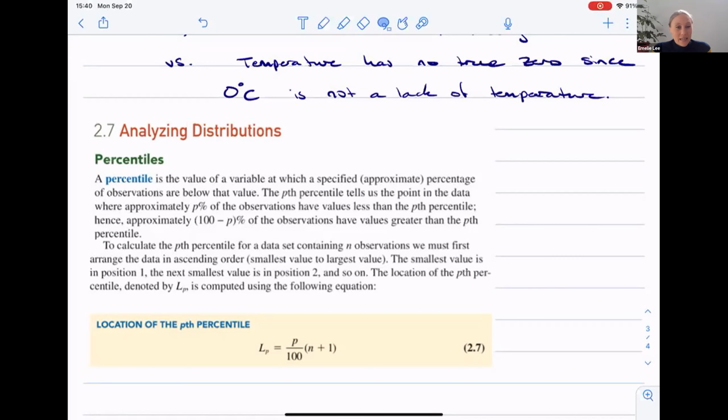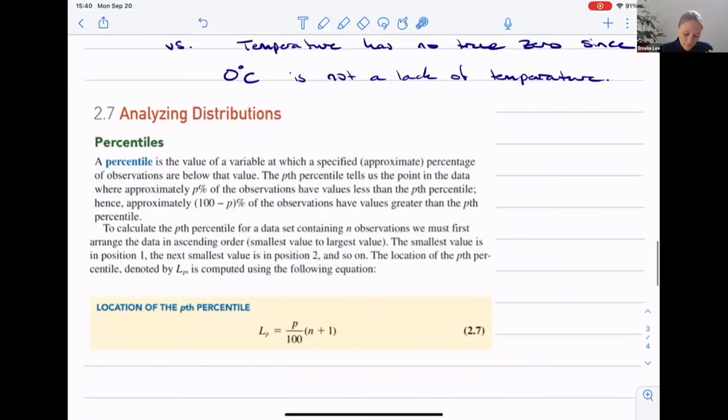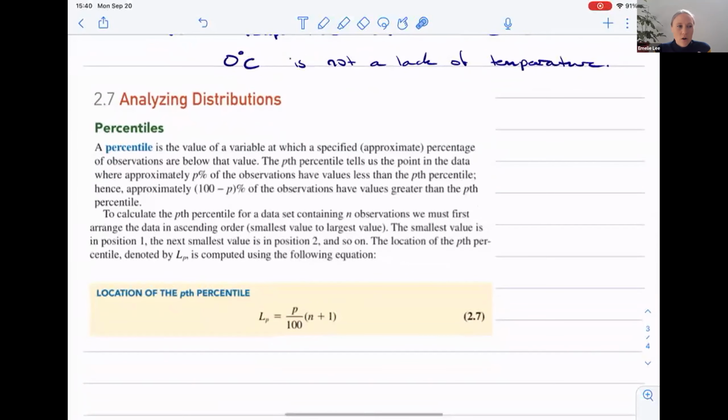Finding them by hand is really tedious, really hard, so we're grateful for software, right? But in terms of what they are, the pth percentile, so usually we use p for percentile, the 90th percentile would be the point that separates the lowest 90% of your data from the top 10%, right? So there's a point there.